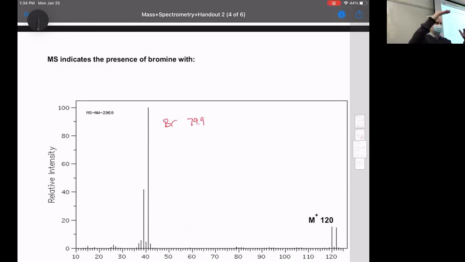But with chlorine, one was 75%, one was 25%. With bromine, it's 50-50. So what you'll see is a peak and a peak that's 2 higher, separated by 2, but they're about the same height because half the time it weighs 79, half the time it weighs 81. It's about 50% Br 79, and about 50% Br 81.